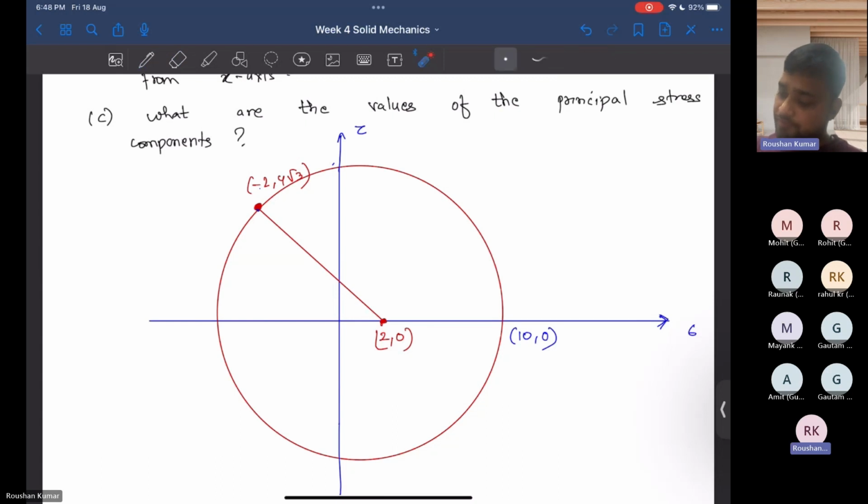So from this point to this point, the total distance is 8 unit, and from this point to this point, the distance is 2 unit. So the distance from this to this is 8 minus 2 plus 8, that is minus 6 unit. So it is minus 6 comma 0.